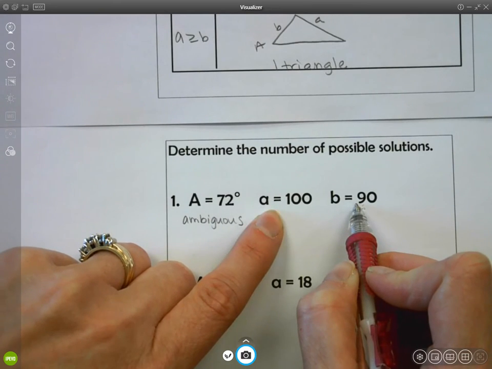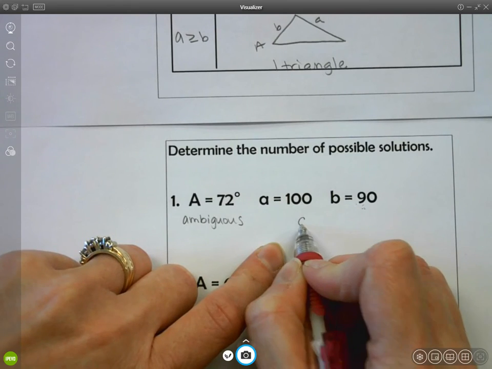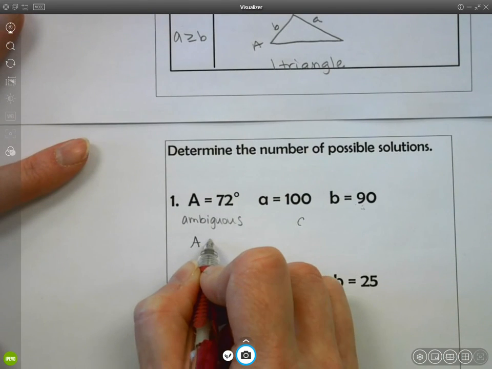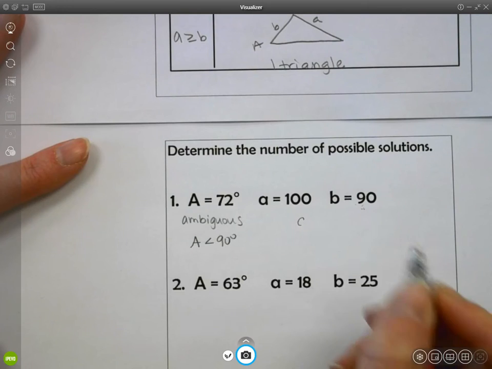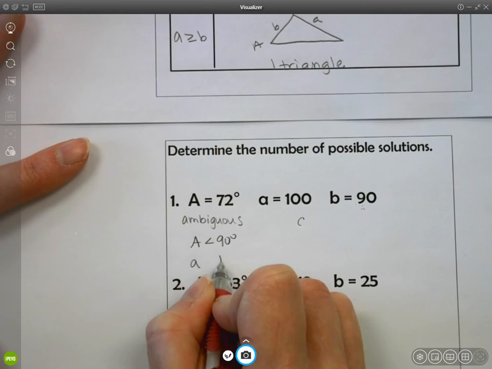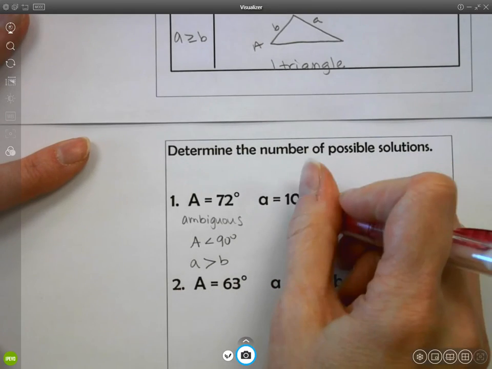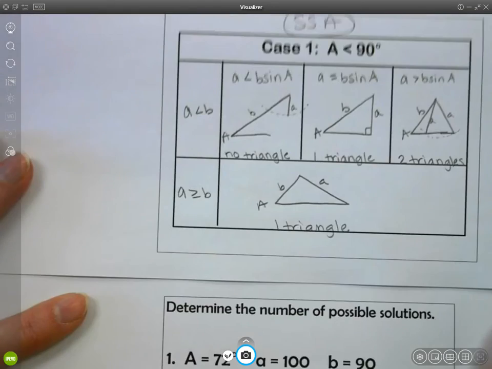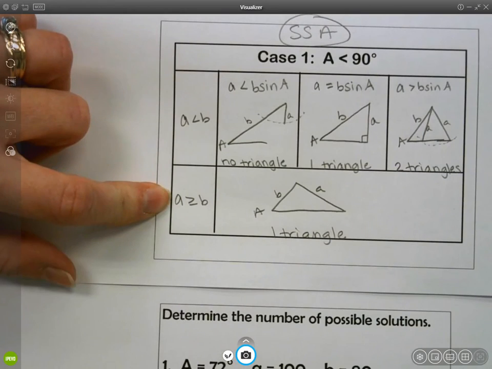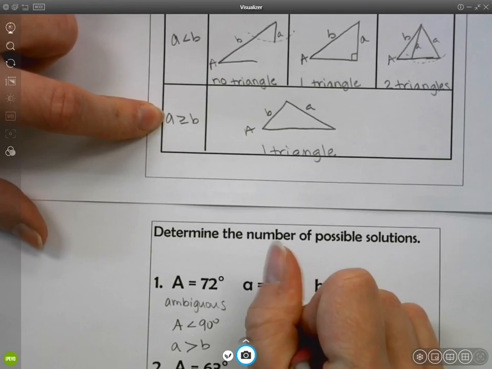It looks like A is greater than B. First of all, we said the angle is less than 90. Now we compare A to B, and A is greater than B. And since A is greater than B, we're looking at this situation, which means we have one triangle.